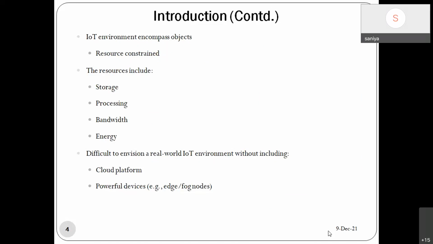A lot of research is going on in these topics. So it's difficult to envision real world IoT devices without including some powerful platforms like the cloud. What we do is push the data from the IoT devices to the cloud, and we have many other powerful devices like edge, fog, and so on, which I will tell you about later.